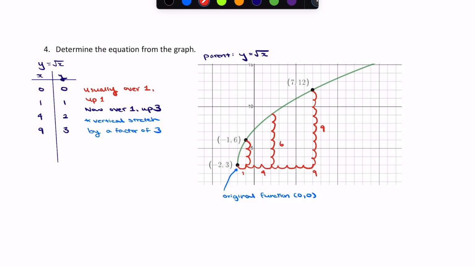So here we see that it has gone left 2 and up 3. And so here we can write our equation. It would be y is equal to 3 square root of x plus 2, plus 3.